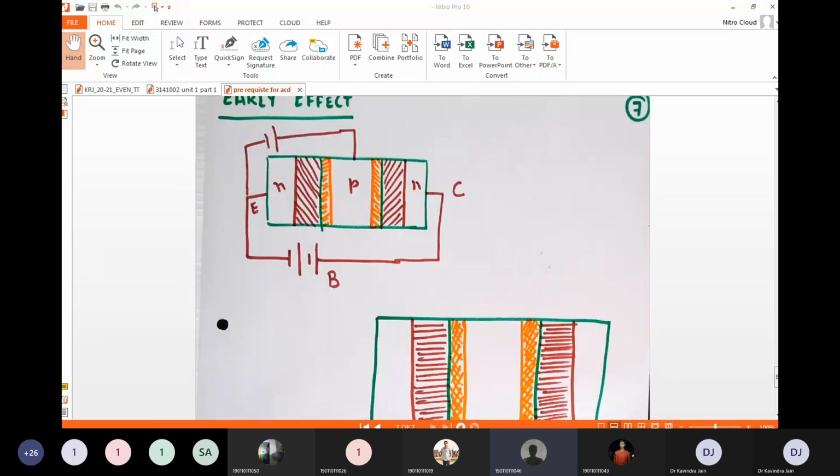So as you can see in the circuit, your base is always forward biased, and vice versa is the case of emitter and collector. Yes or no? Yes, sir. Okay, thank you 46.